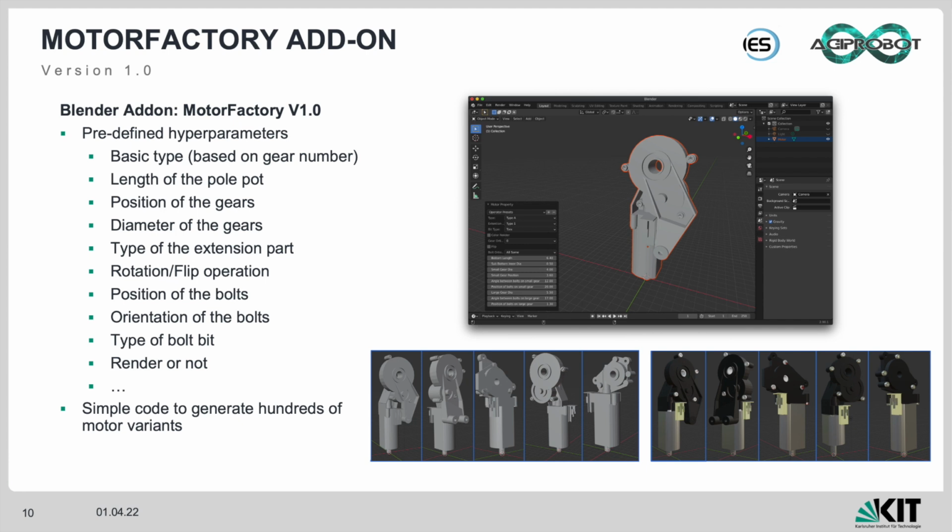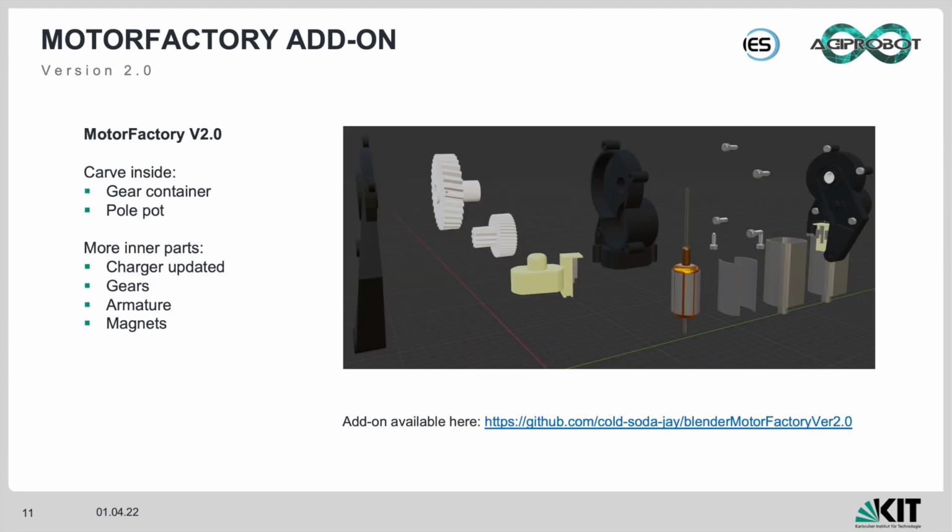The generated models of both versions contain the following components: pull port, electrical connection, gear container, cover, and bolts. Regarding inner components in version 2.0, the additionally generated parts are magnets, armature, lower gear, and upper gear. This is an explosion figure of a motor generated with version 2.0. The original assembled motor model is also shown at the rightmost.